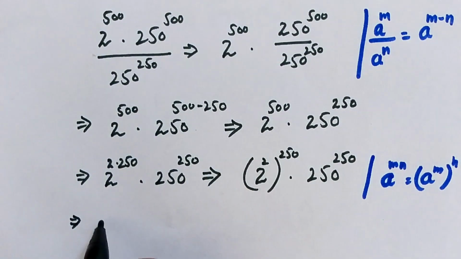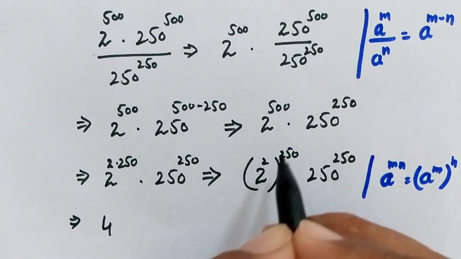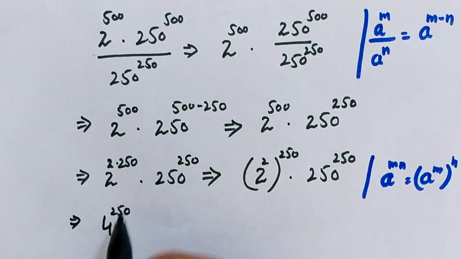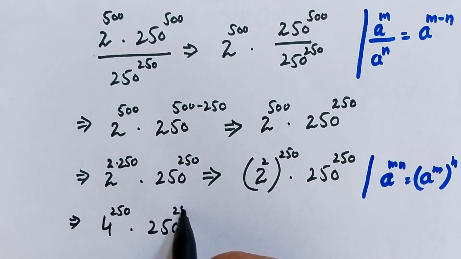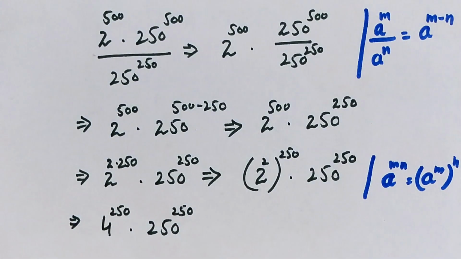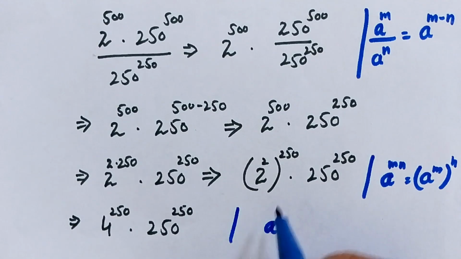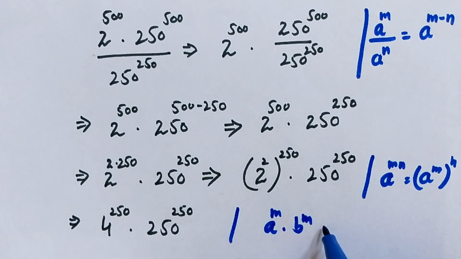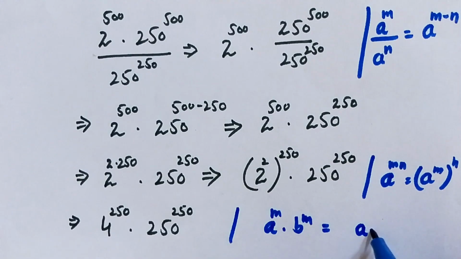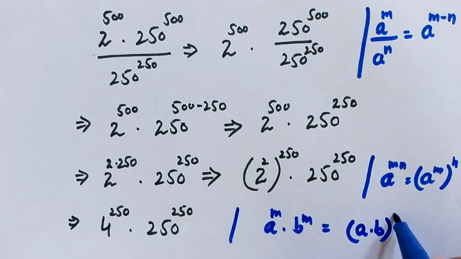2 squared is equal to 4, and to the power of 250 times 250 to the power of 250. Here the powers are the same, 250 and 250, so this is in the form of a to the power of m times b to the power of m, which is equal to (a times b) to the whole power of m.